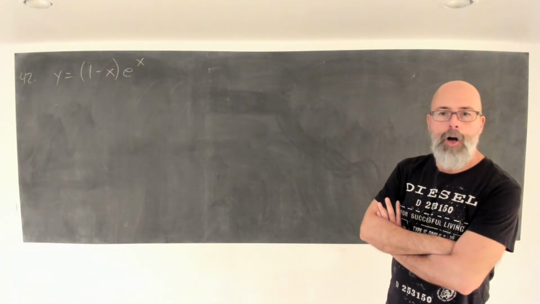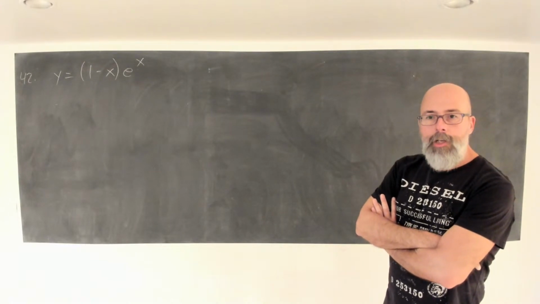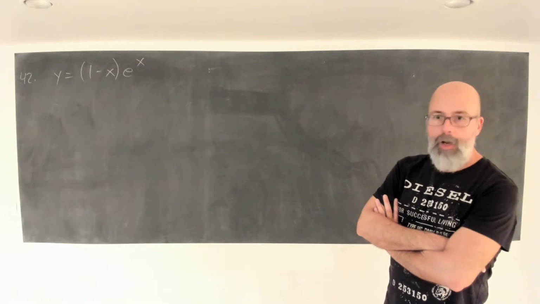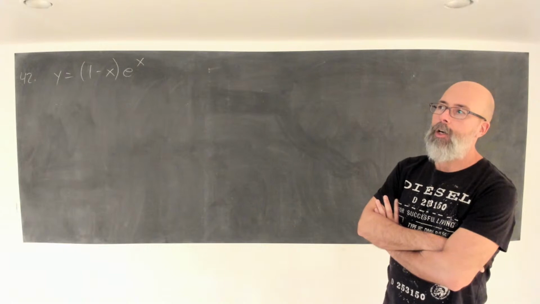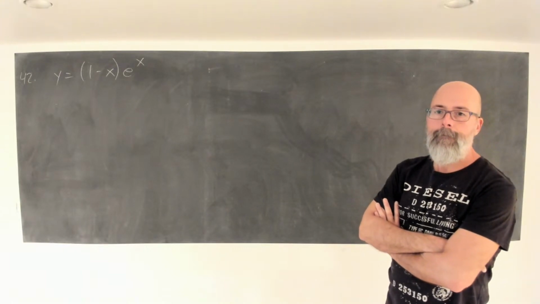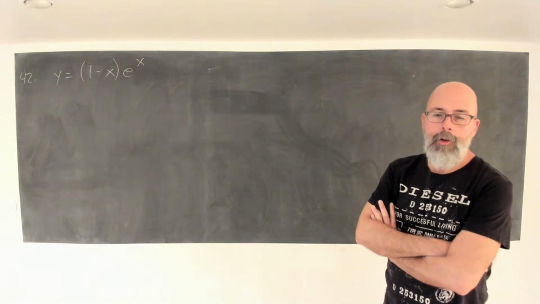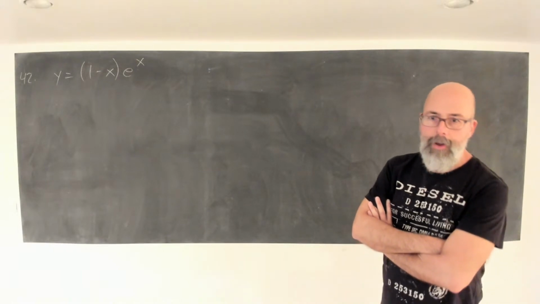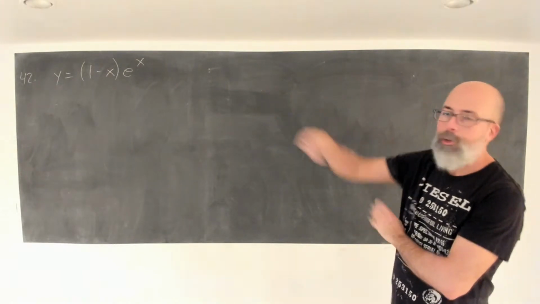Optimization, so word problems. Again, you have all the information you need. Antiderivatives, but you have all the information you need. And maybe we'll discuss Newton's method. Yeah, exactly. You don't need antiderivatives, but I'll tell you what they are anyways. It's just notation. But let's graph this first.